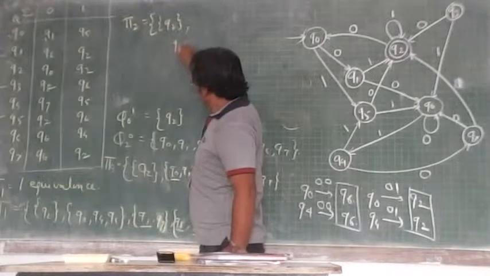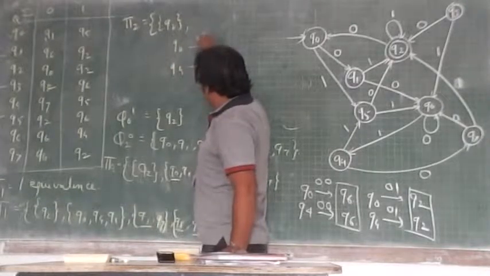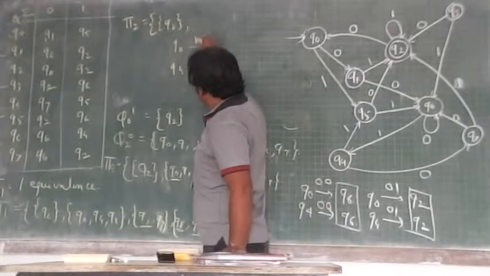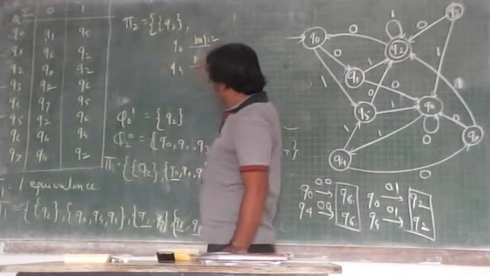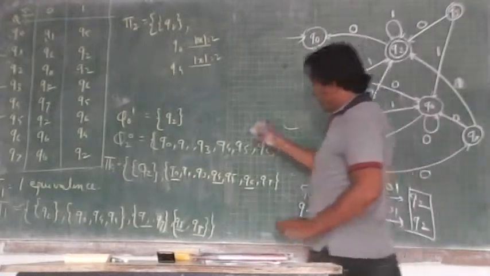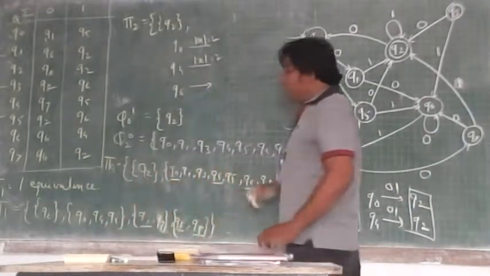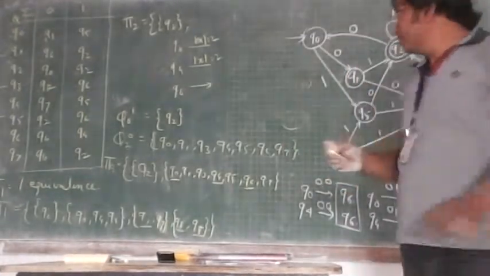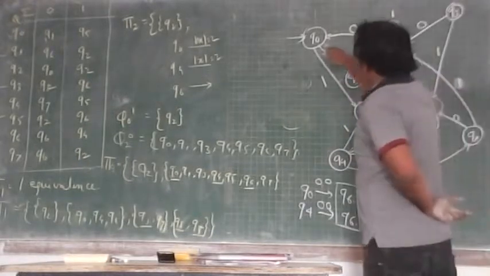From Q0, from Q4, take the string of length 2. For example, from Q0, Q4 और Q6 से भी लेते हैं. Take any string of length 2 from Q0, Q1 and Q4. Q0, Q4 and Q6.